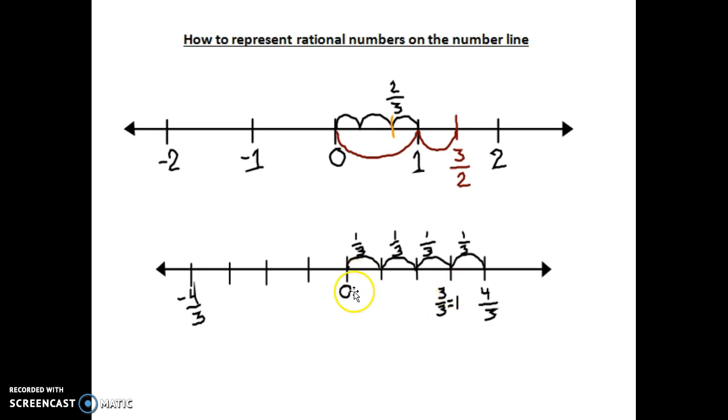Similarly, if we move to the left of O, we will get minus 4 upon 3 in this part. So this is our point 4 upon 3 and this is the point minus 4 upon 3. So this is the way in which we can plot rational numbers on the number line.